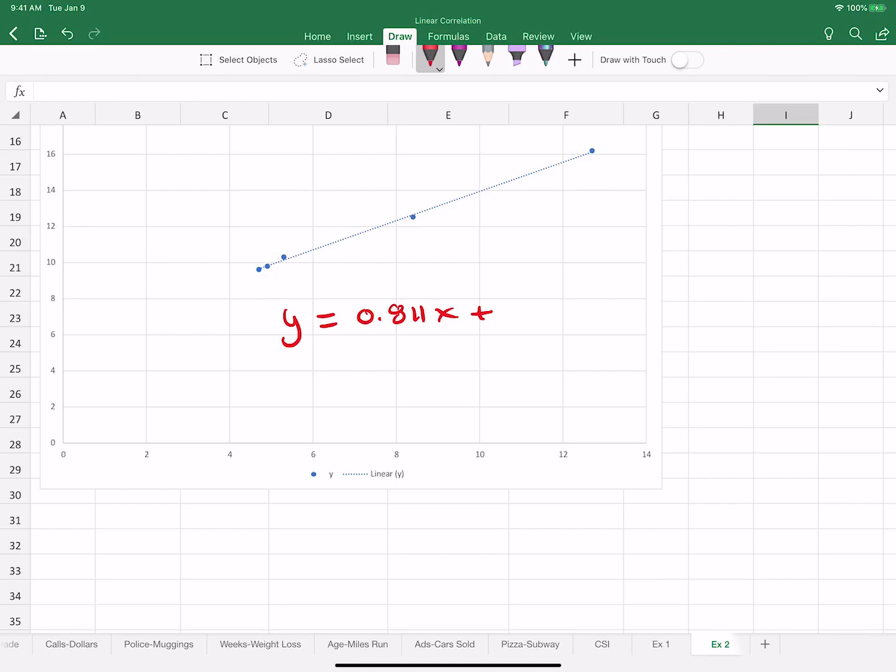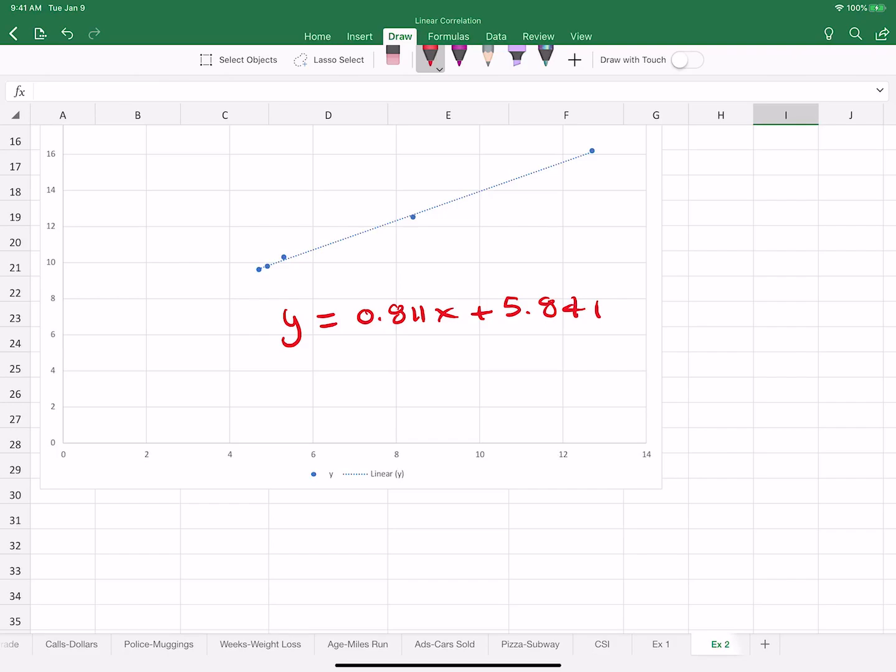What is it? 5.841. Now notice this, it's a positive slope, isn't it? Right? It's a positive slope, so that makes sense. It's almost a near perfect linear correlation. So we could very much use this to predict, and we'll be very accurate. So given any x value, we can get the corresponding y value here. And that's how you go about doing some of this.